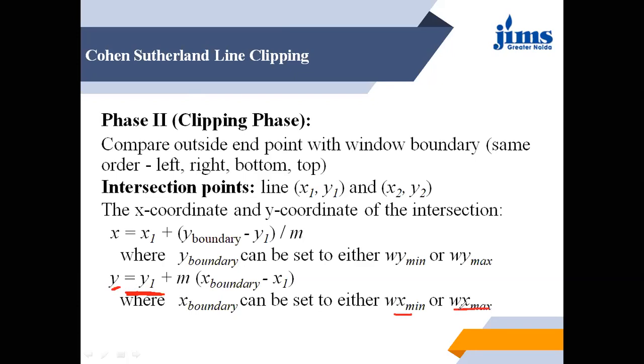So by finding the value of the slope, that is m, we can easily find the intersection point of the line with the window edge. So this is one example we will see over here.